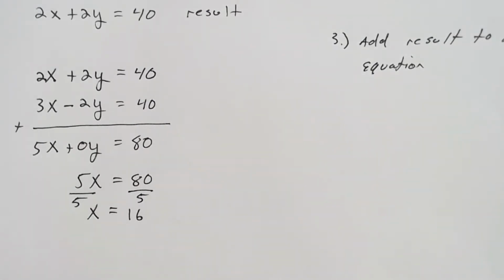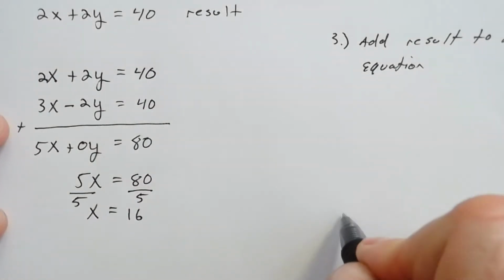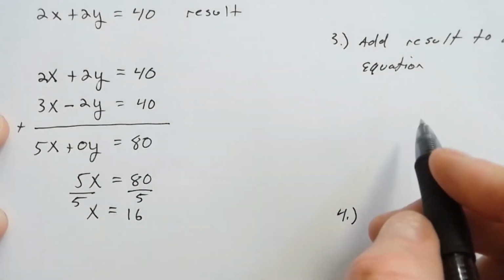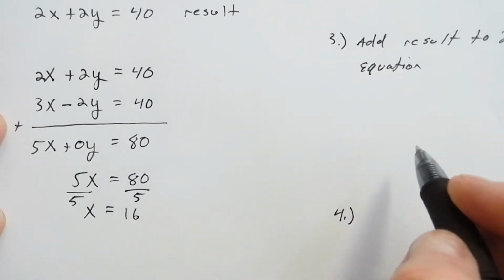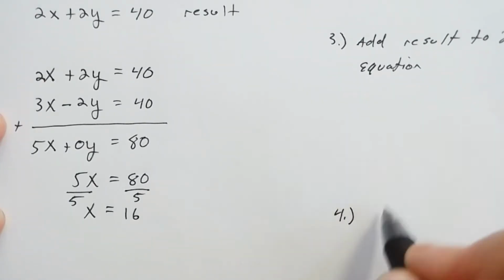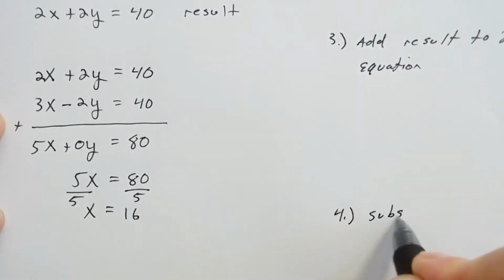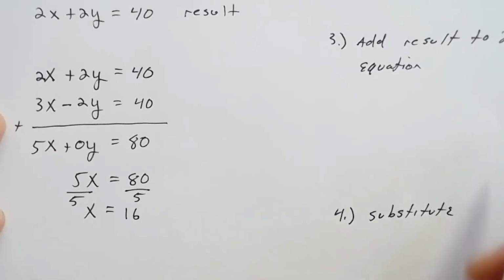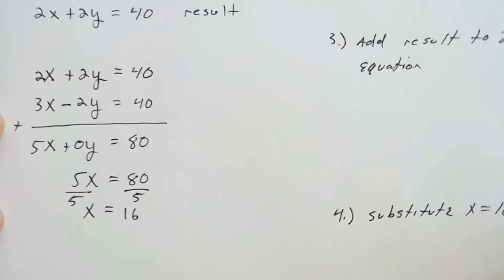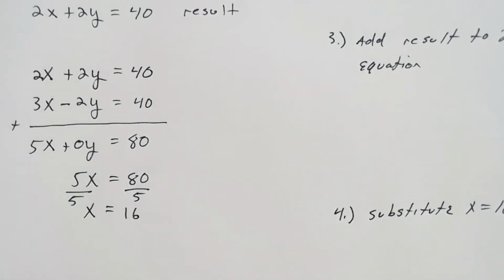So that's one of our numbers. And then the second number is going to be by substitution, so we're going to substitute x is equal to 16 into what? The first or the second equation?